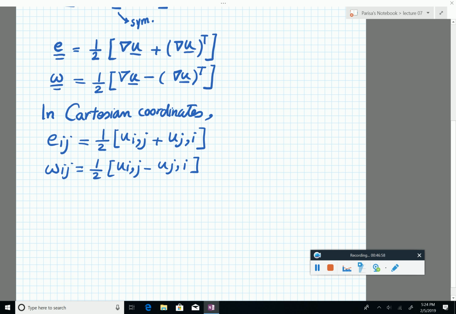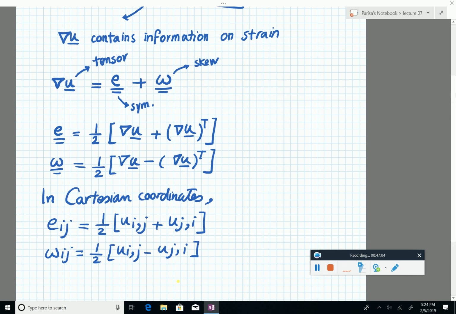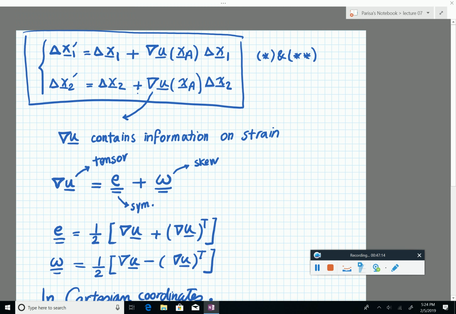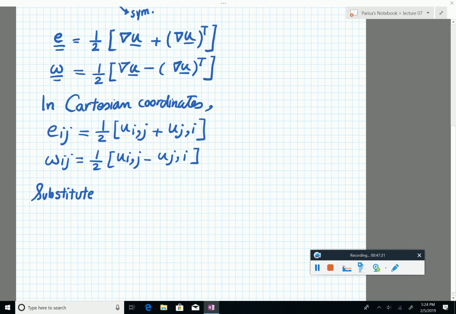So how do we write the above equation? So if I replace, so substitute, I have to, so this one has 3 indices. Substitute.